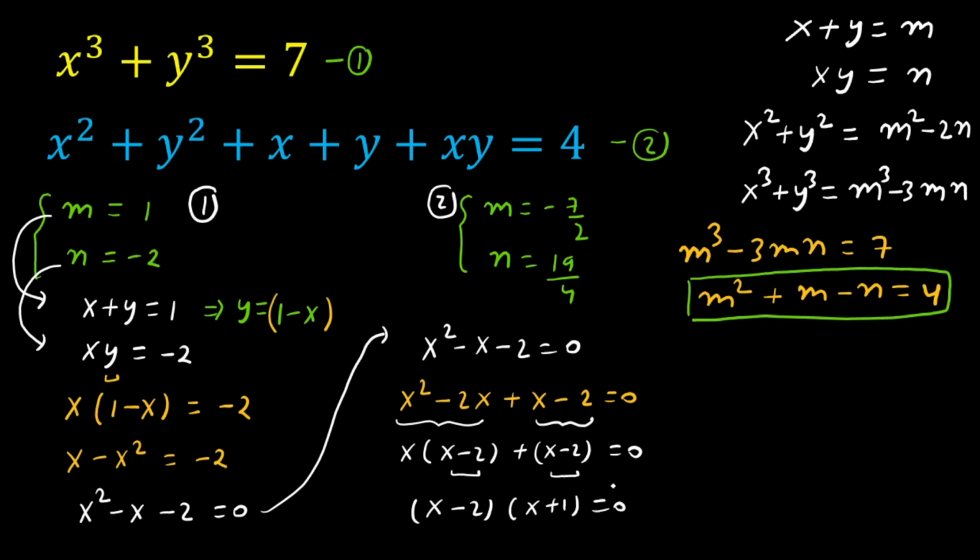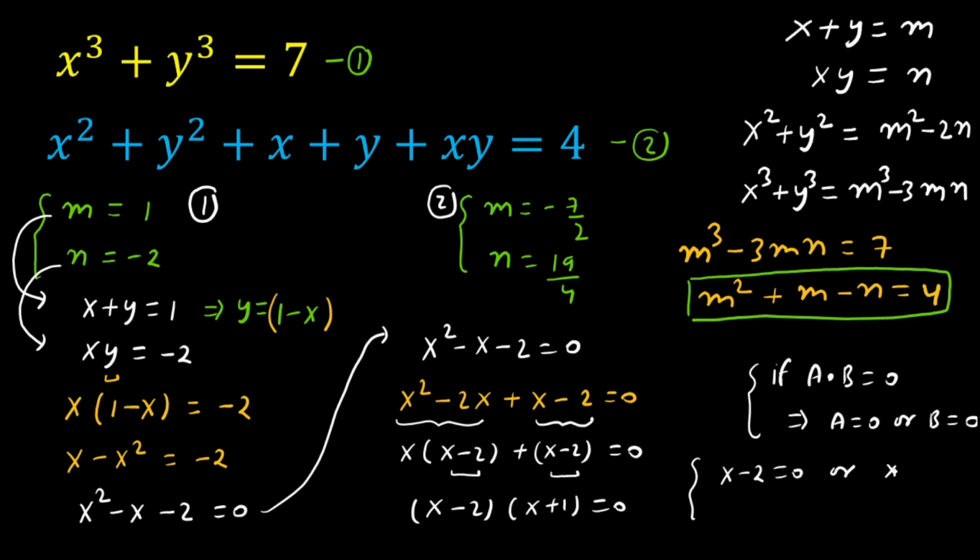equal to 0. Now if we apply this rule, if a into b is equal to 0, this implies a is equal to 0 or b is equal to 0. Then we can say x minus 2 is equal to 0, or x plus 1 is equal to 0. Then the value of x is 2 and the value of x is minus 1.